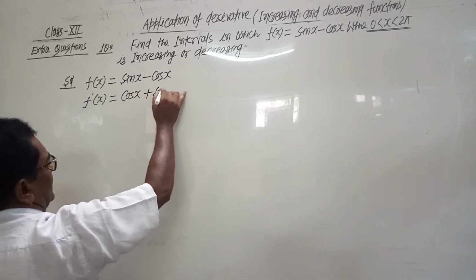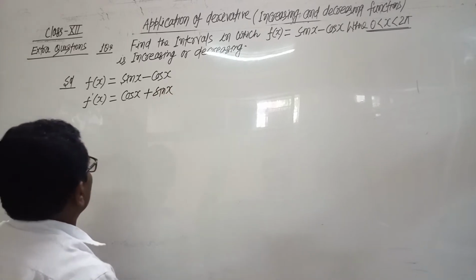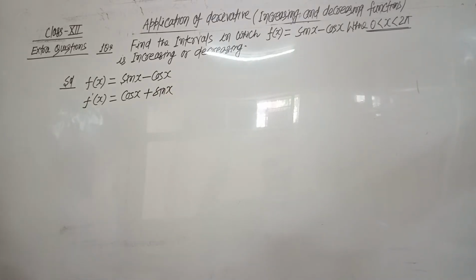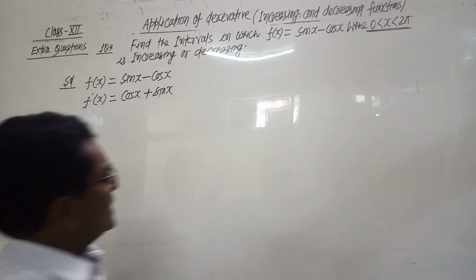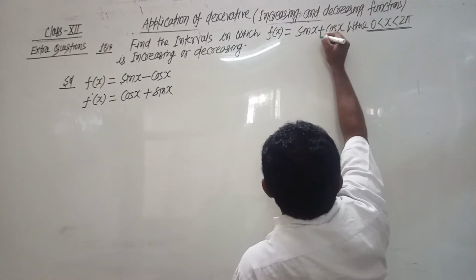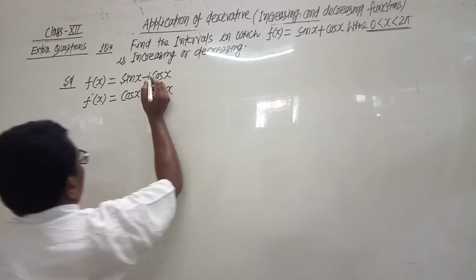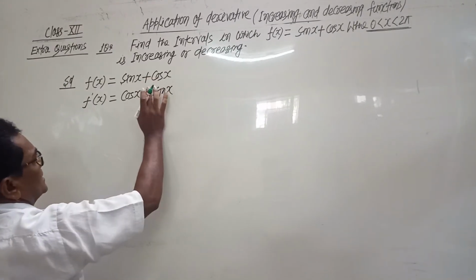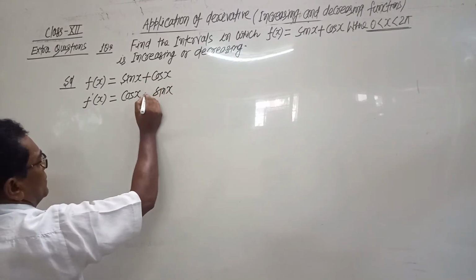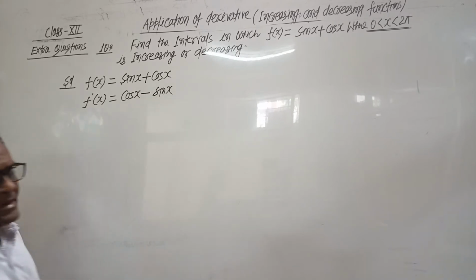So minus minus plus sin x. We get the value of f dash x: this is cos x plus sin x.